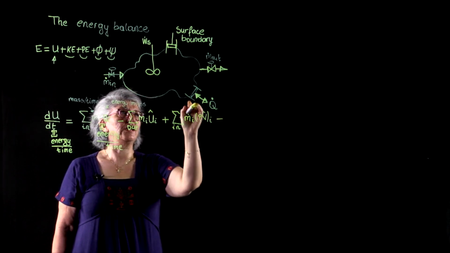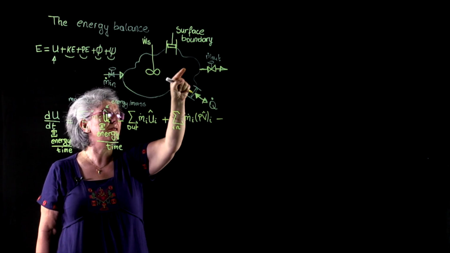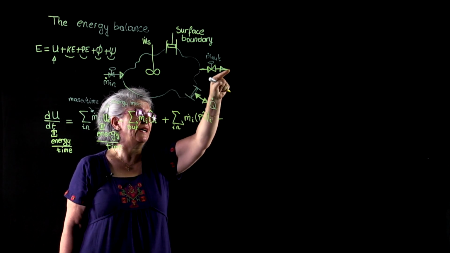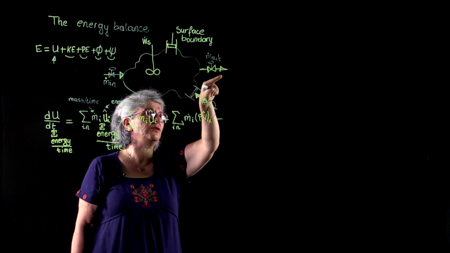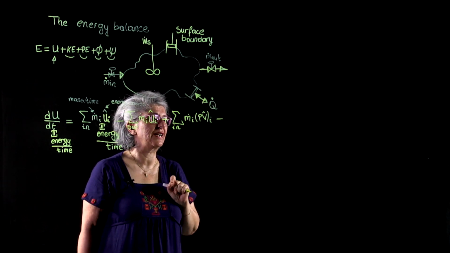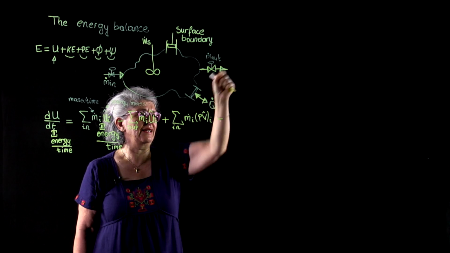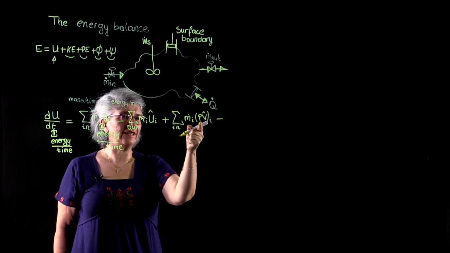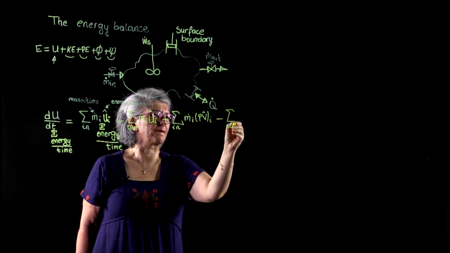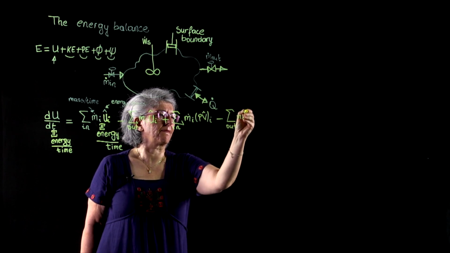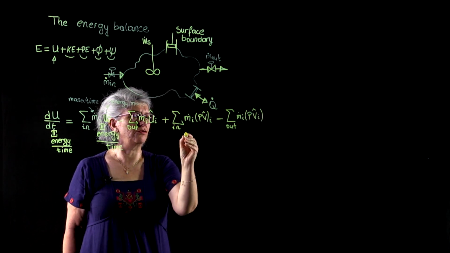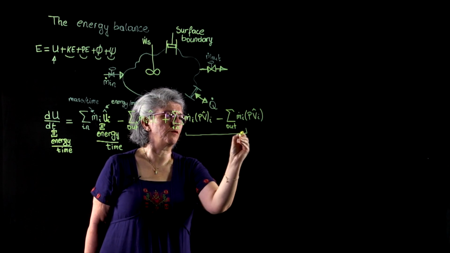And of course, in order for this fluid element to leave the system boundary, it has to push its way out, and its pressure here should be greater than the pressure at the outlet. Therefore, I have to write an equivalent term for the outgoing stream. All right, so those two terms are called the flow work terms.